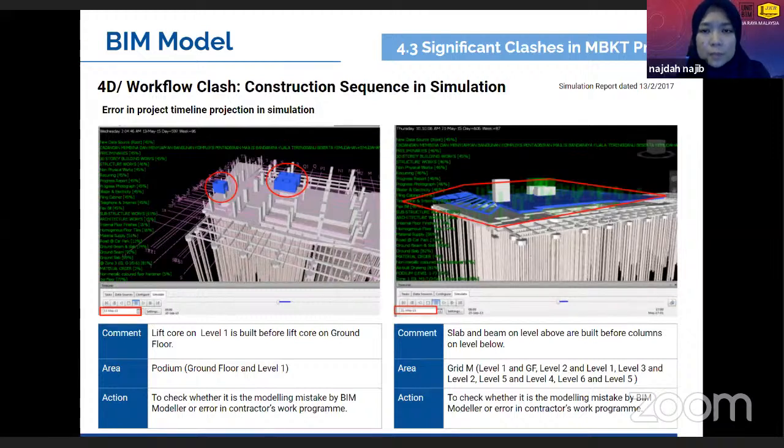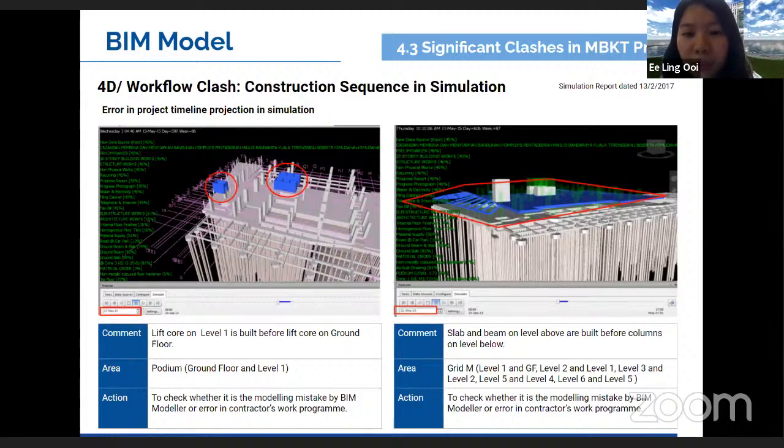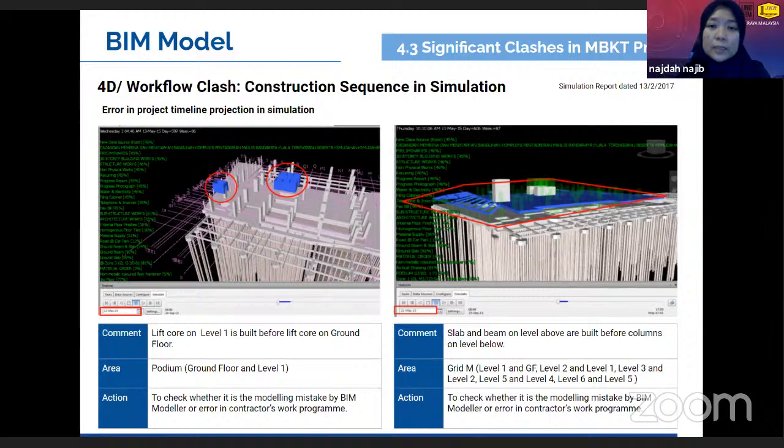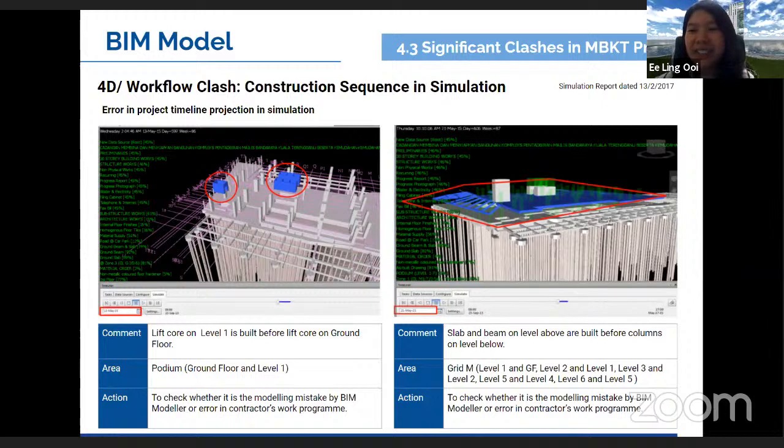I think the BIM consultant will actually get the contractor's work program to do this model simulation. So it's not by them, it's by the work program from the contractor. Okay, thank you, Madam Najda.